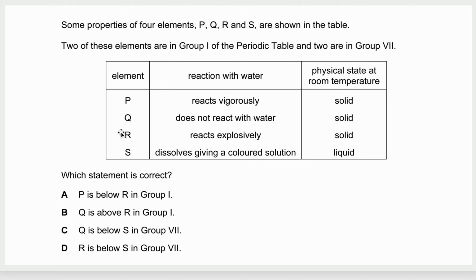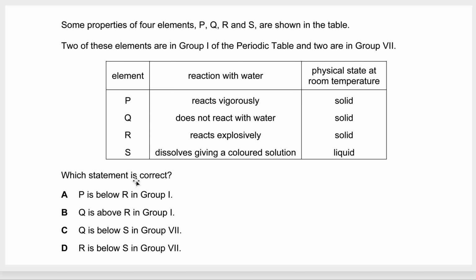So that means that R is also group number 1 in the periodic table, but it's below P, because P reacts vigorously and this one reacts explosively, so this has more reactivity. And then S dissolves, giving a colored solution, liquid. The only one that can do that, being a liquid, is bromine. And that's what we have in group number 7.